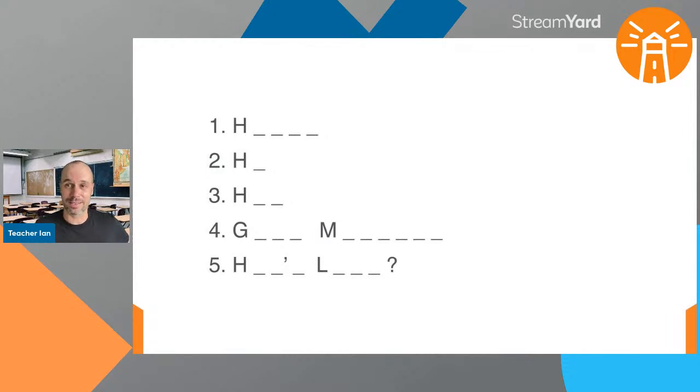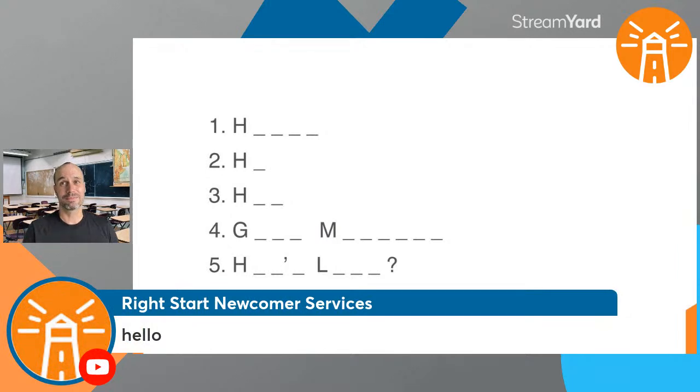Obviously, it is hello, right? That's easy. That's the most common way. And if you just use hello, that's fine. But after a while, it might get kind of boring always saying hello. So let's learn some other expressions.